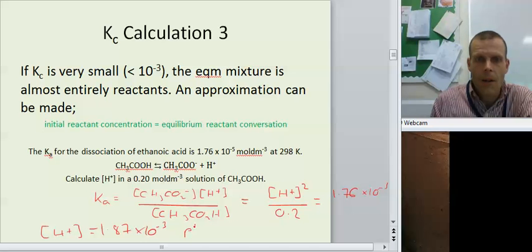You'll see in a later unit that pH is equal to minus log 10 of H plus, which means that if I take that concentration of H plus ions, my pH is going to be 2.73. So it's a means of working out a pH.